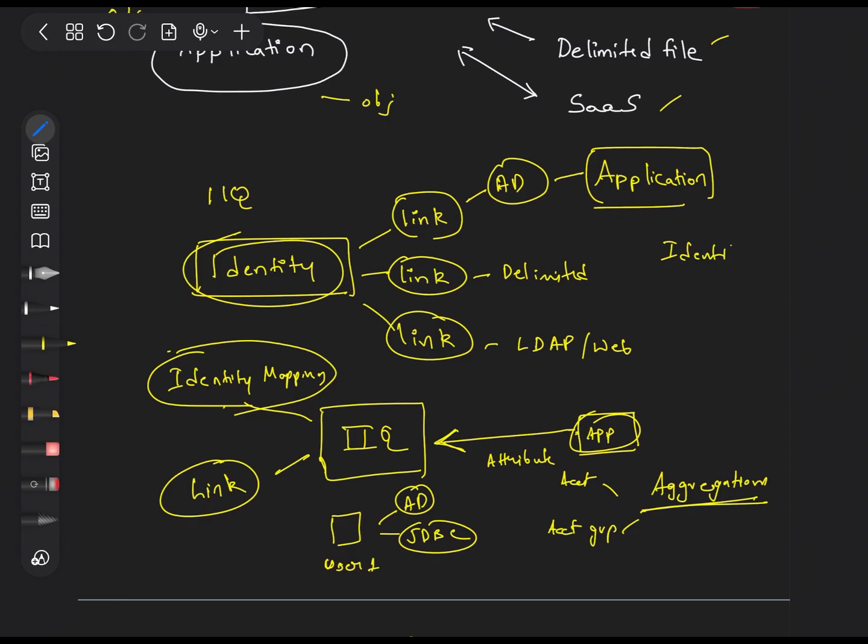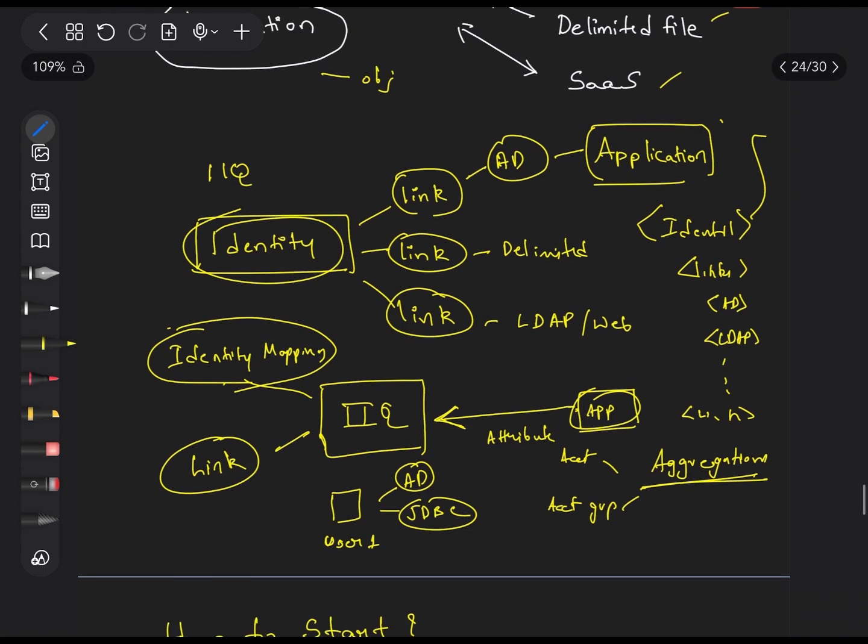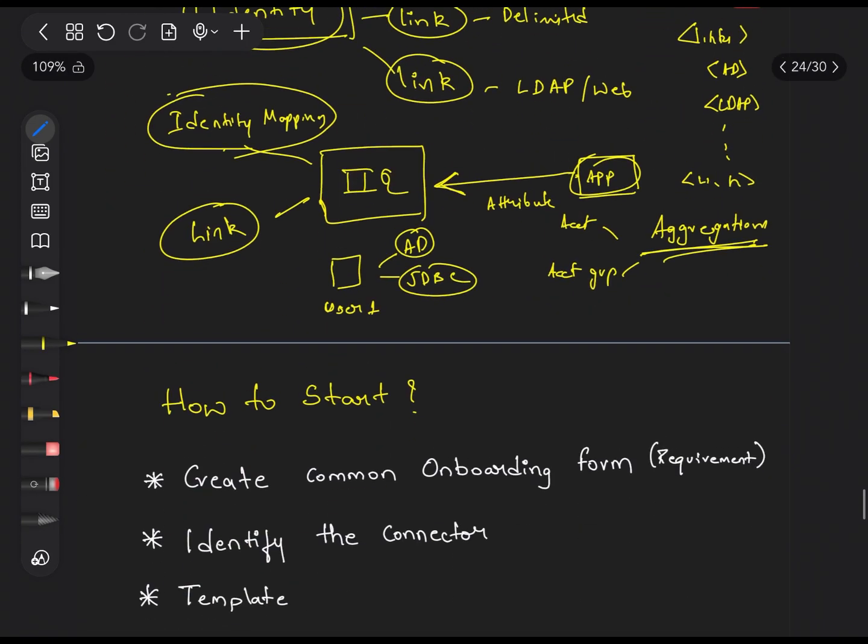Within the identity, the user will have links like AD, LDAP, and so on. The user will also have some set of attributes through aggregation. So aggregation and identity refresh mapping will happen. That mapping you need to do through identity mapping, deciding which attributes need to be tagged to the identity.